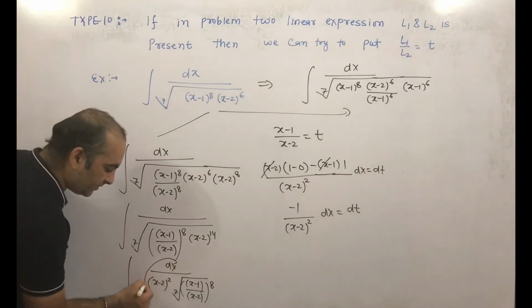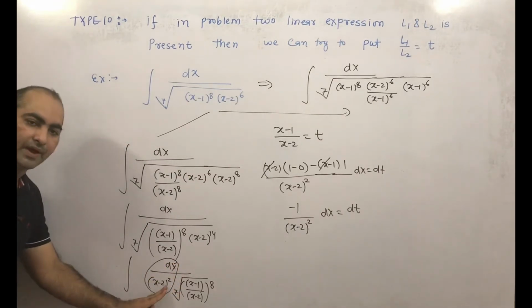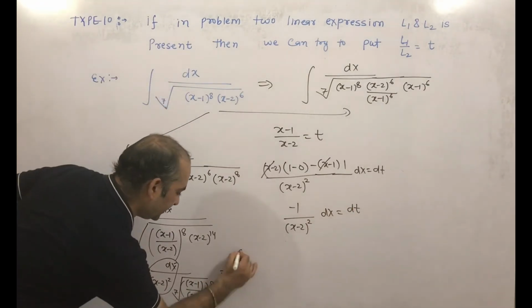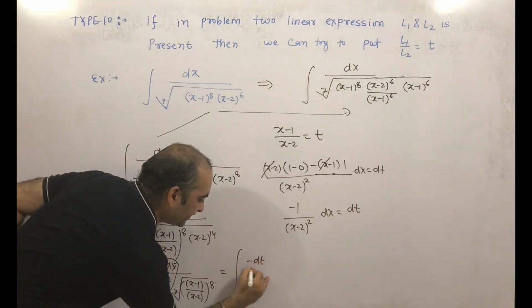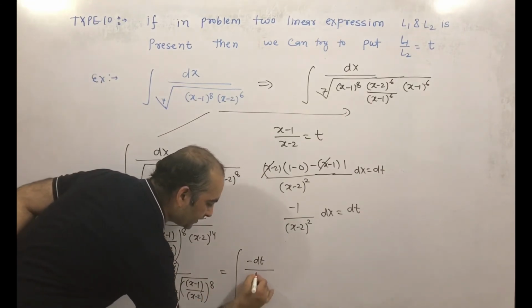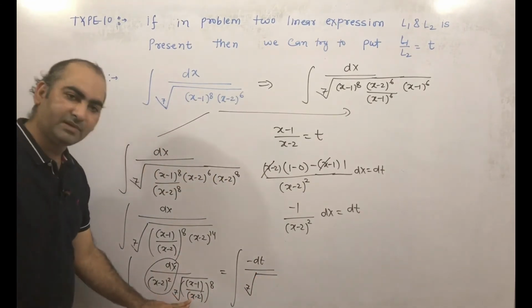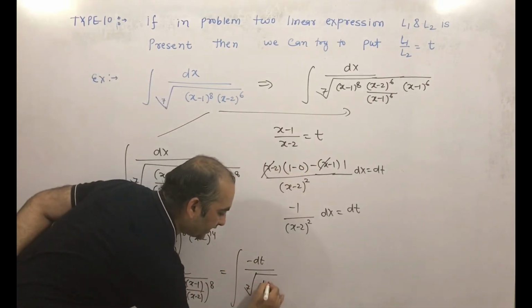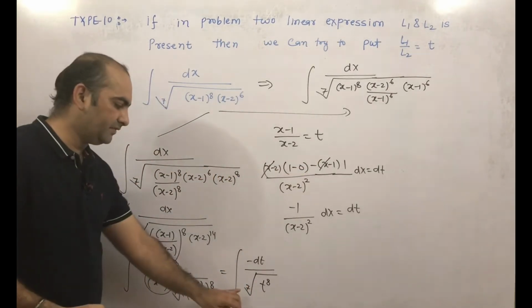So dx divided by (x minus 2) whole square we can write as minus dt. So this becomes integration of minus dt divided by 7th root of t power 8, since x minus 1 divided by x minus 2 is t. This integration we can do directly.